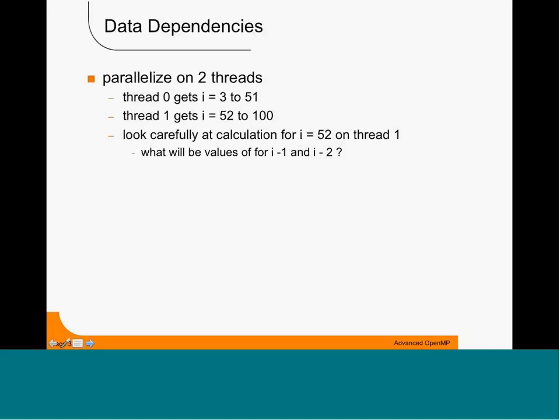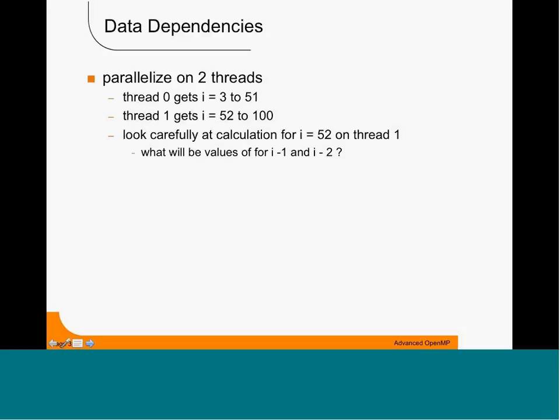Let's parallelize that code, and say I have the range from 1 to 100, executed on 2 threads. Thread 0 gets 3 to 51 and thread 1 gets 52 to 100.